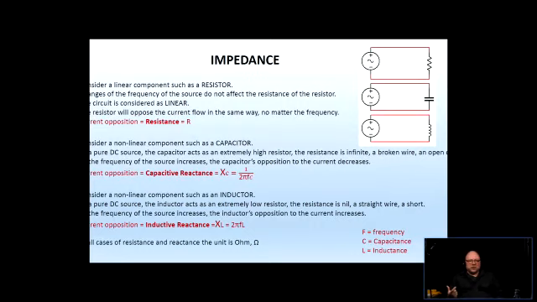The resistance of that resistor is going to be the same whether you apply DC current or alternating current. And whether you raise or lower the frequency of the alternating current, the resistance of the resistor is going to stay constant. So you can consider that a linear device.